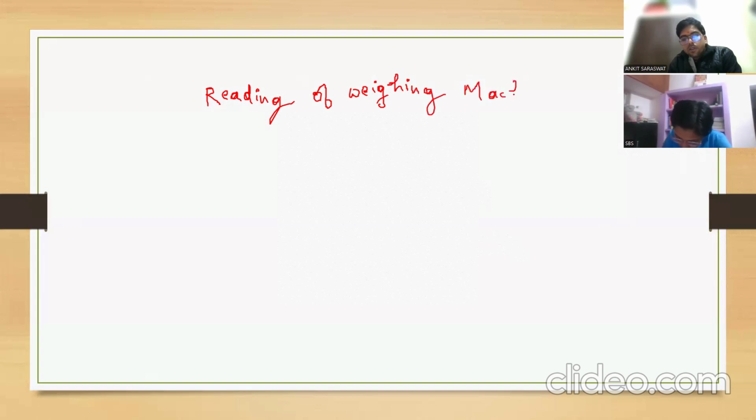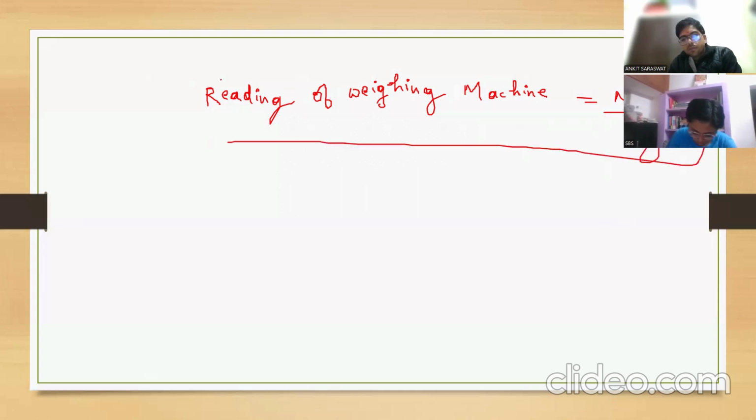Reading of weighing machine equals normal reaction by g. Clear? One question, please write.